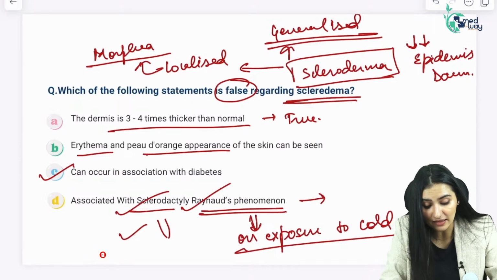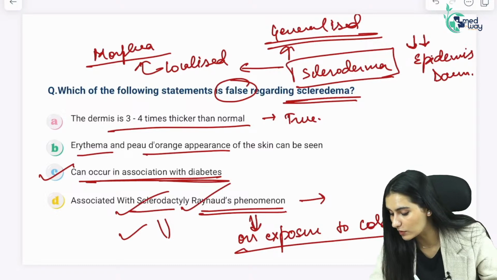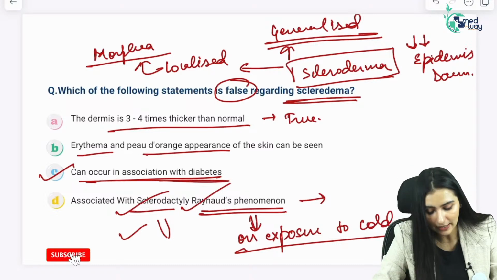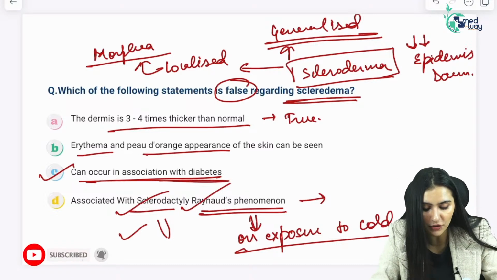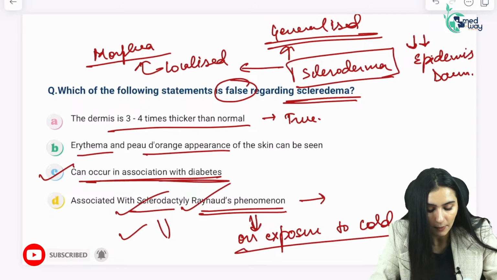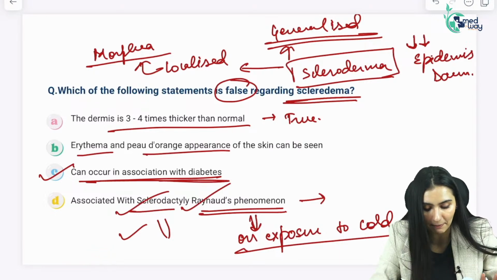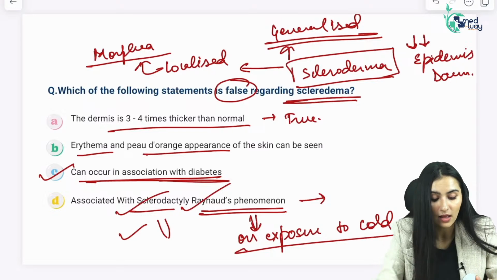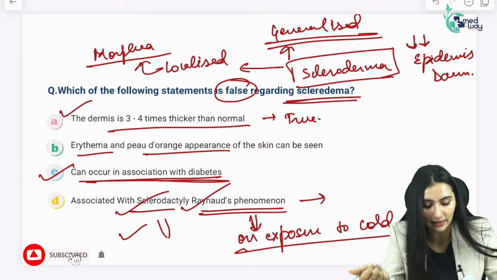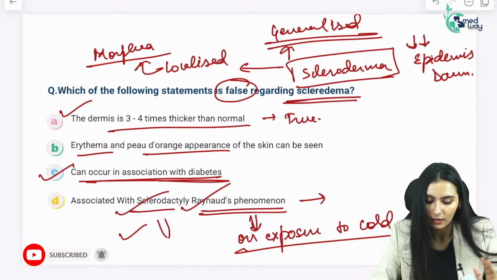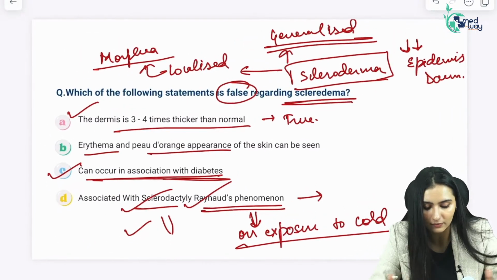The thing is that it can happen with diabetes also. That is why there's some problem with the question. The question is not very correctly framed, because all of these things can more or less happen. But if you have to mark something, you know that the dermis is going to be thickened. Sclerodactyly is a feature. Raynaud's phenomena is a feature. So if you have to mark something, mark C.